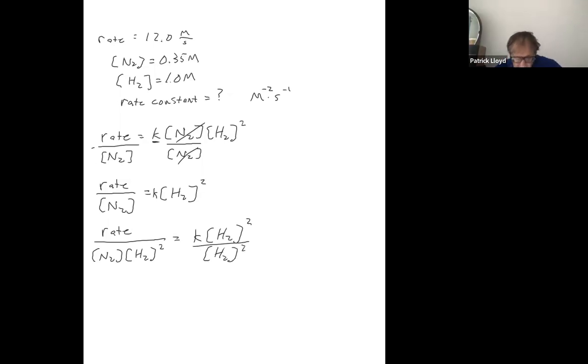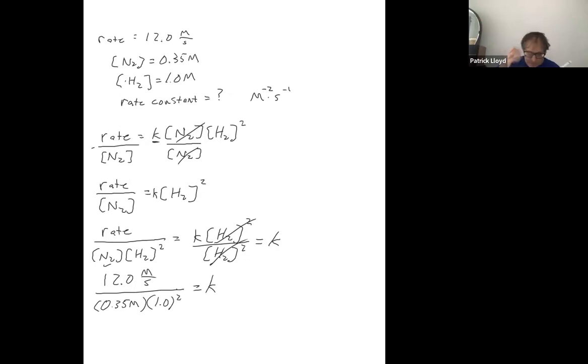So that becomes 1, and you just got K here. Okay, so all you need is the rate, 12.0 molarity per second, divided by concentration of N2, which is 0.35, divided by the concentration of H2, which is 1.0 squared, and that's equal to K.